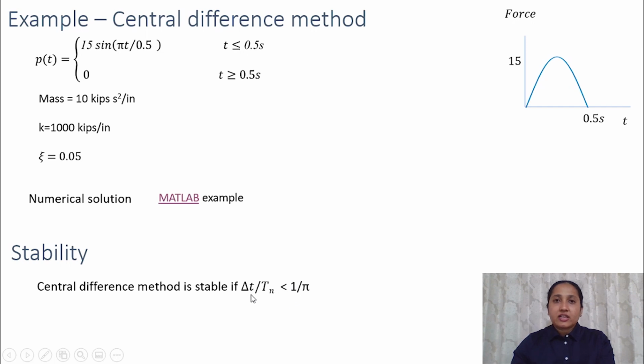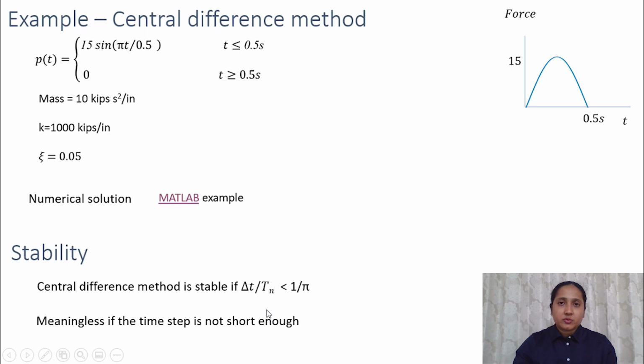That is, if the time step divided by the natural period is less than 1 by pi, then only this central difference method is stable. If this time step divided by natural period value is more than 1 by pi, then we will get a meaningless response.